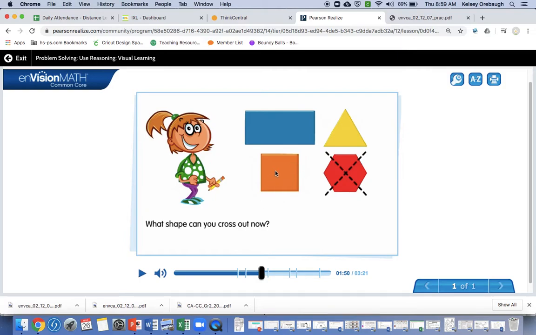Is 4 sides more than 3 sides? Yes, that matches the clue, so we cannot cross the square off. Triangle, 3 sides. 3 sides is not more than 3 sides. It is exactly 3 sides. So we can cross off our triangle. A triangle does not match that clue. It does not have more than 3 sides.